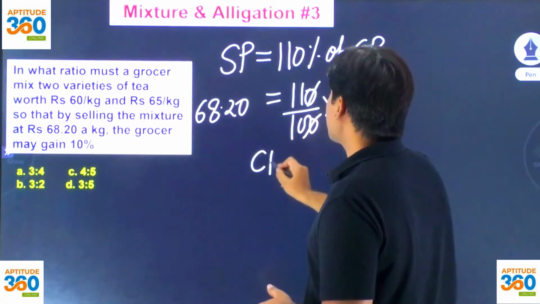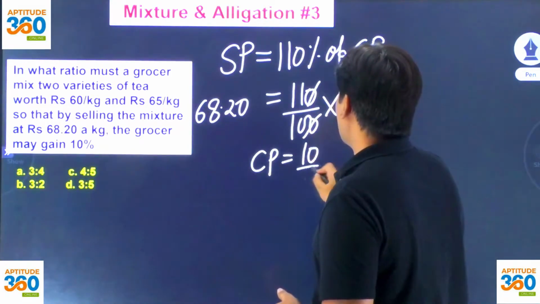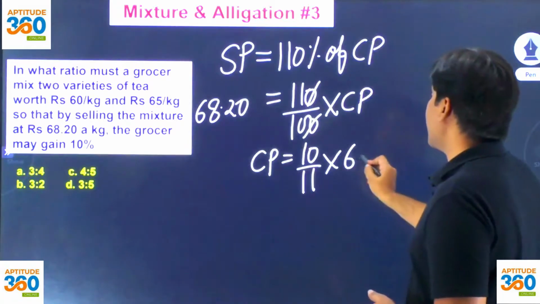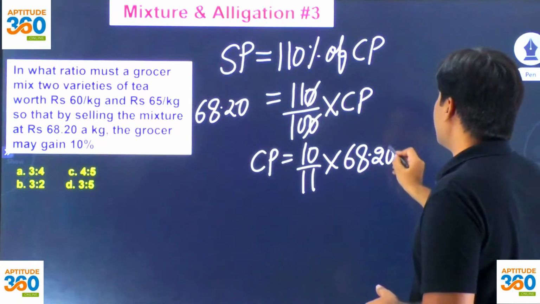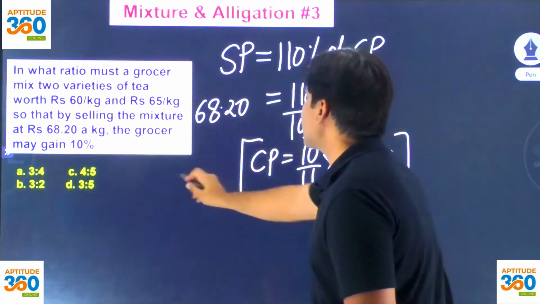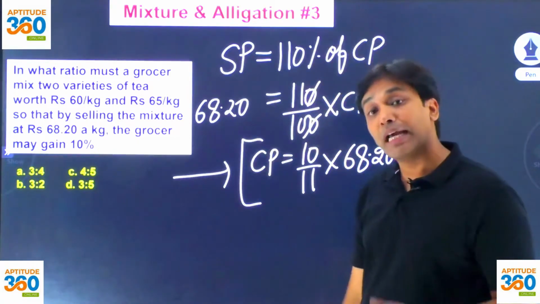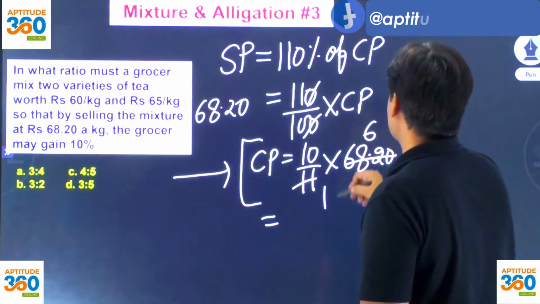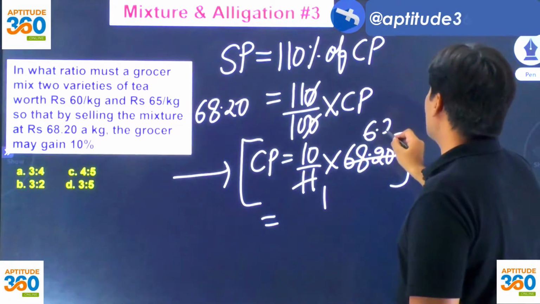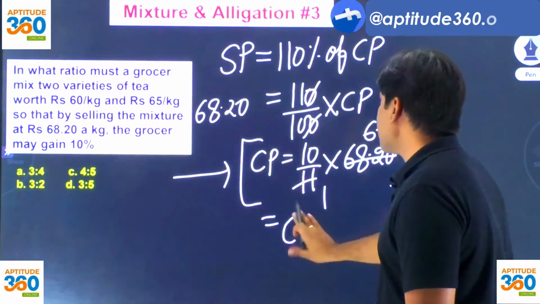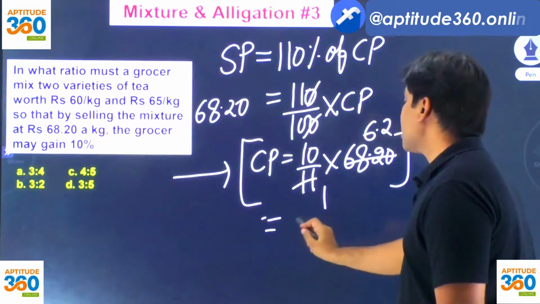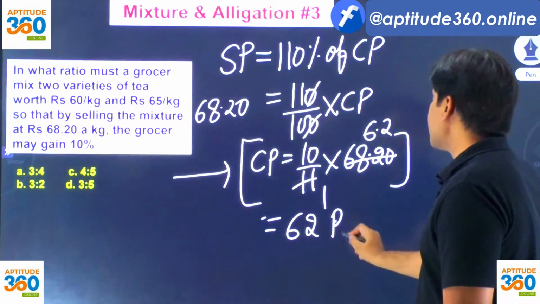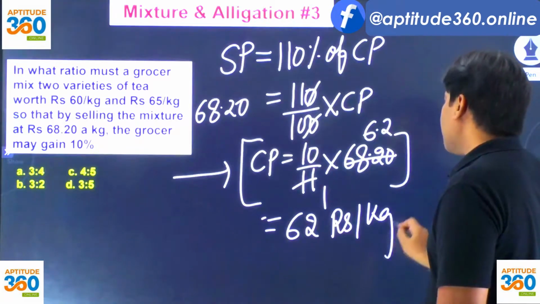So CP comes out as 10 over 11 into 68.20. And had it been the examination, I would have written this step directly. But how do I simplify this? This is 6 and then 0.2, and cost price of the mixture comes out as 62 rupees per किलोग्राम. बन गई बात हमारी, सिंपल हो गया.